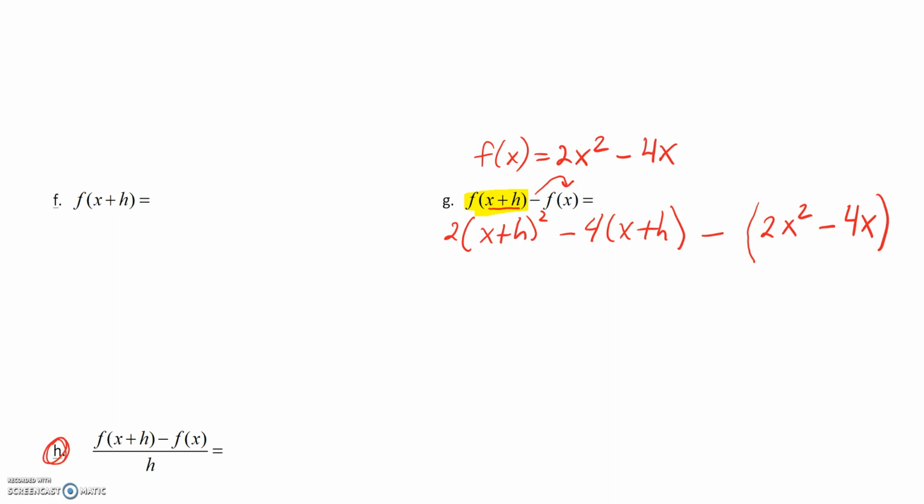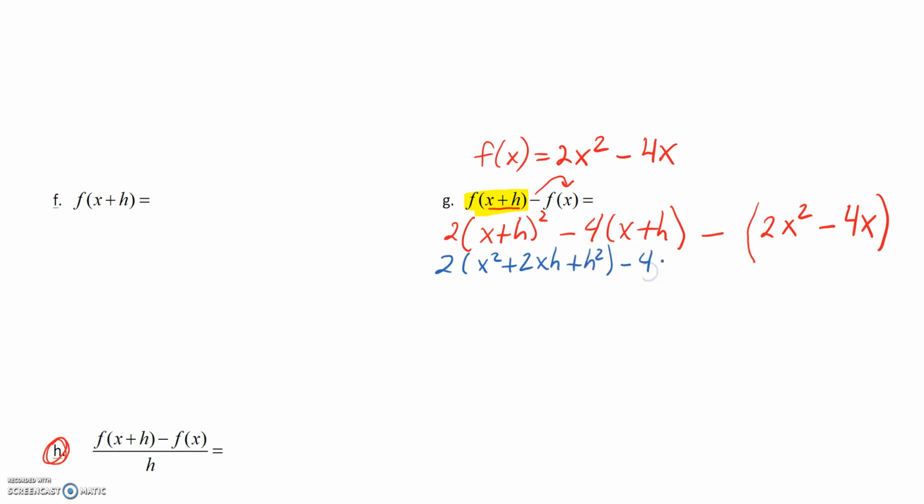Now it's a simplification game. So it's going to be long. I'm going to go quick. If you want to work this out longer, you can. The first, x plus h squared, is x plus h times x plus h. Quickly, it's going to end up being x squared plus 2xh plus h squared.